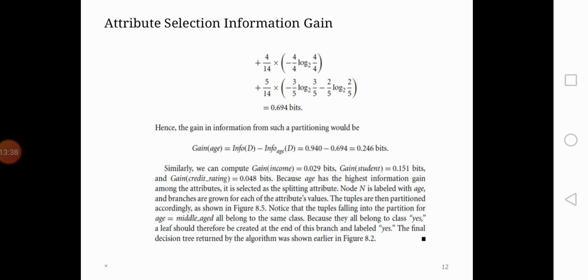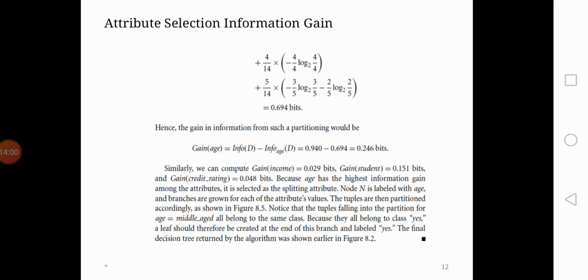Once we have got this expected information based on attribute, we need to subtract: info D minus info age of D. That is, the expected information minus the information gained based on the attribute. Gain of age equals info D minus info age of D, which equals 0.940 minus 0.694, which equals 0.246.